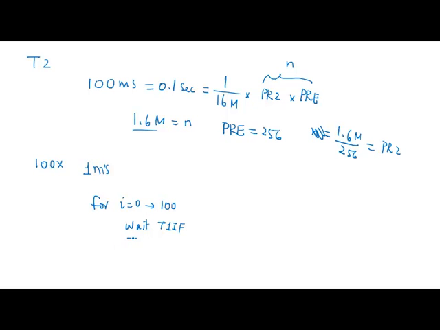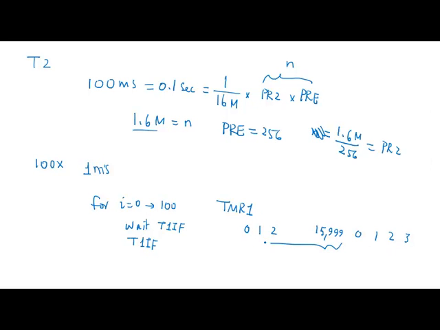Now, what does this entail? Basically, my TMR1, to give me the 1 millisecond, is going to count from 0, 1, 2, up to 15,999, and then go back to 0, 1, 2, 3.